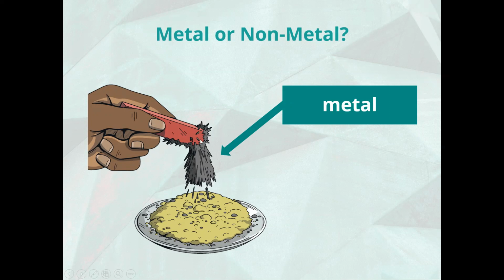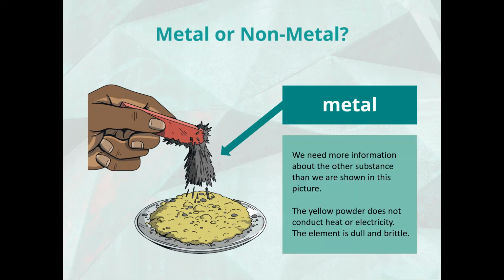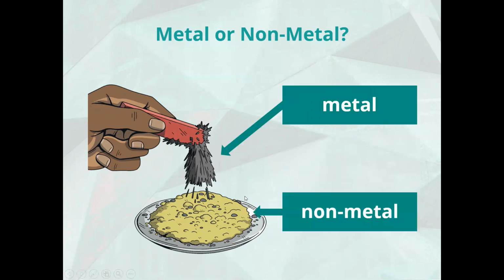But remember, it's not to say that all metals are magnetic, just that all magnetic substances are metals. And then over here, we need a bit more information to be able to determine whether it is a metal or a non-metal. But because it is dull, you would expect it to be a non-metal.